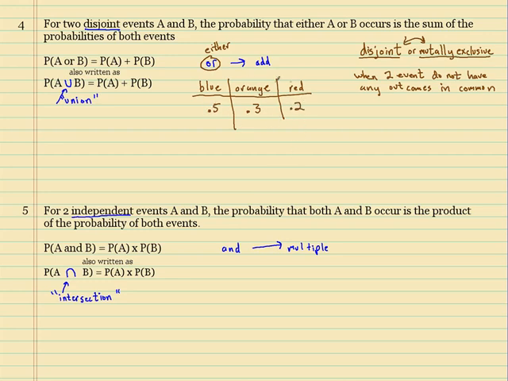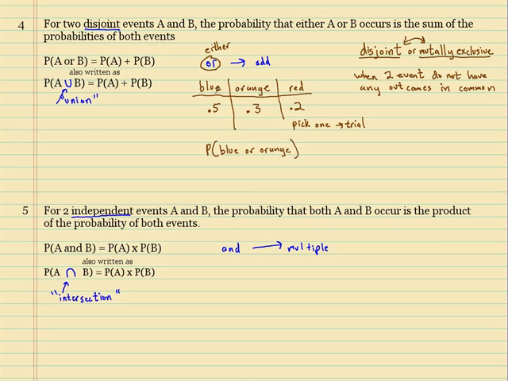Check to make sure this is good: 5, 6, 7, 8, 9, 10. That's 1. Now, what's the probability that you reach in the bag and pick one? That's my trial. What's the probability that it's a blue or an orange?